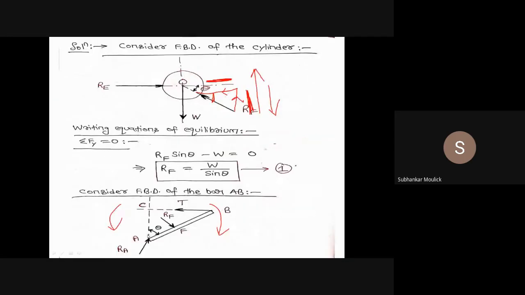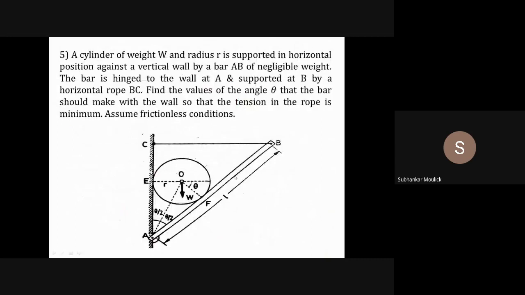Yes, this bar AB is varying in this manner. That means this is theta equal to 0 and this is at 90 degree. When the value of theta is 0 degree, the bar AB will coincide with this vertical wall AC. Yes or no?